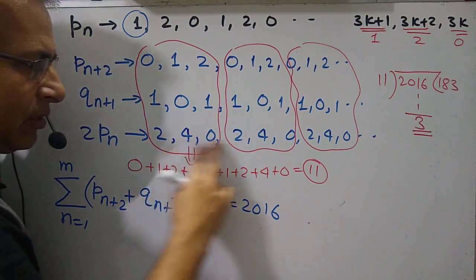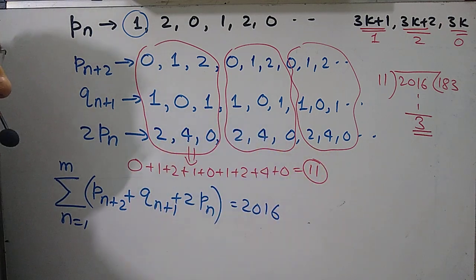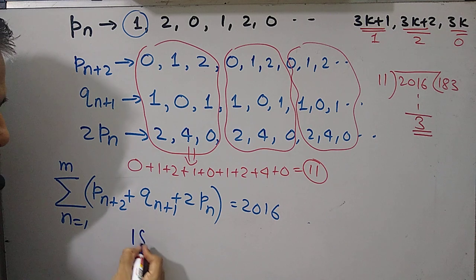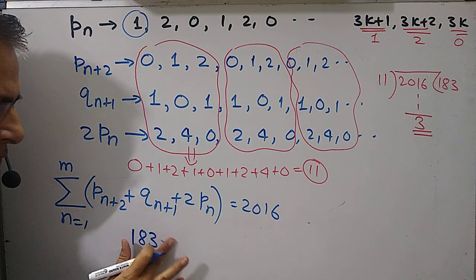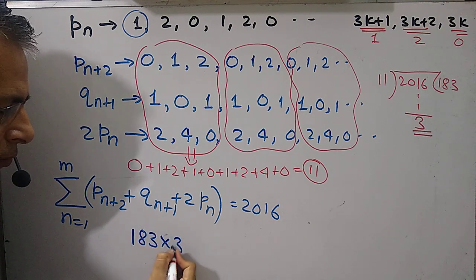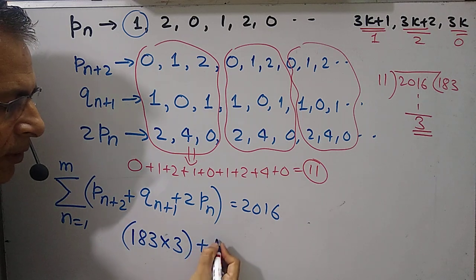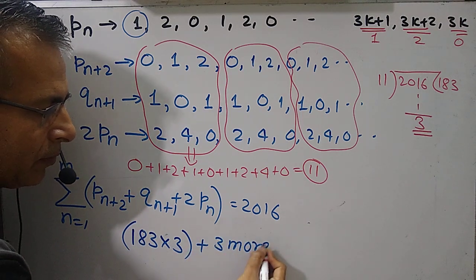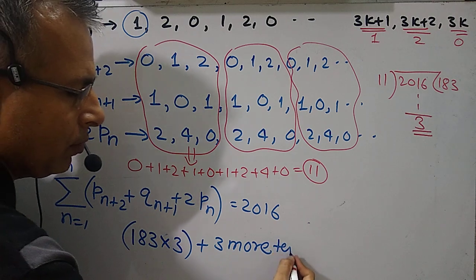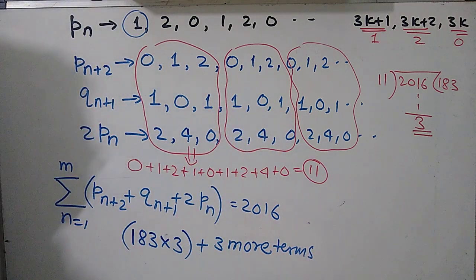So such sets we need 183. So we get 183 into 3 and plus 3 more terms, because we are getting remainder 3.